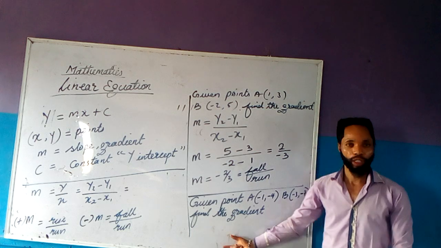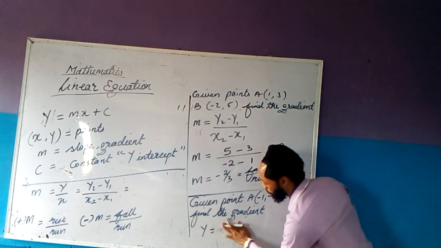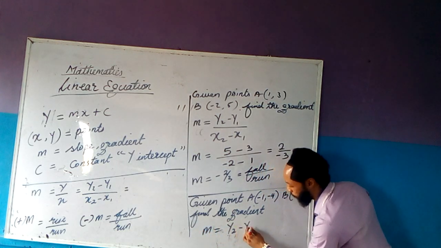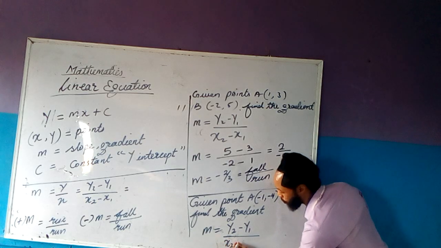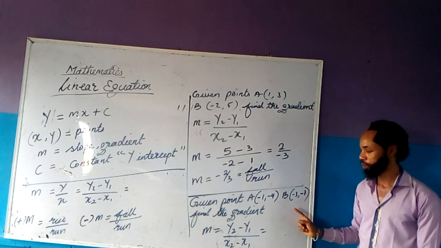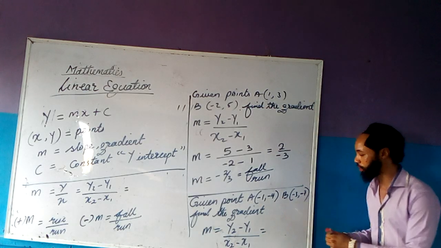Find the gradient. We use the same approach. M equals y2 minus y1 over x2 minus x1. So what's our y2? Negative 7.